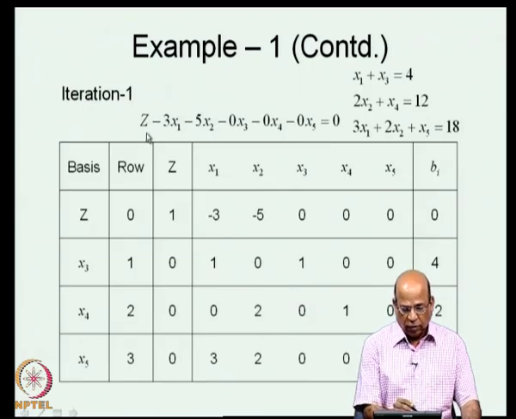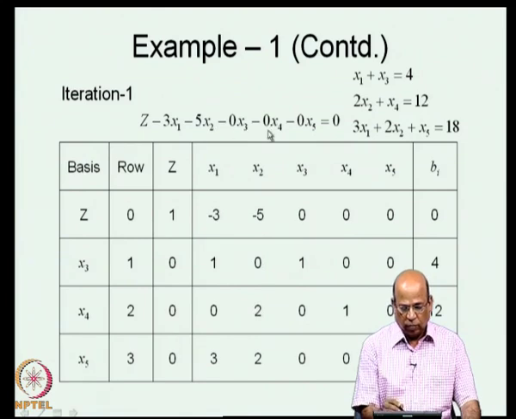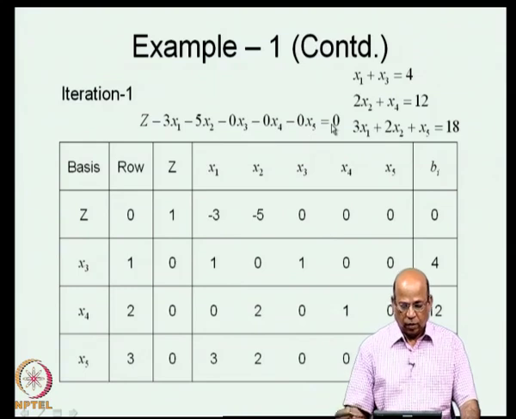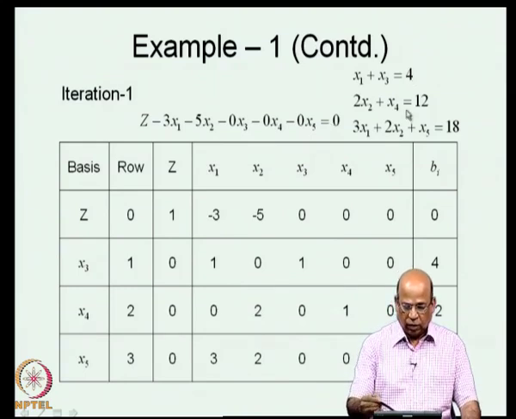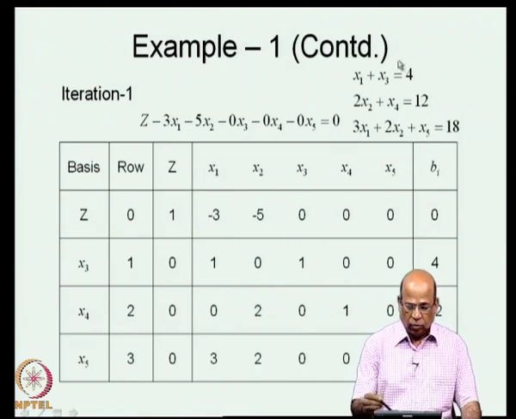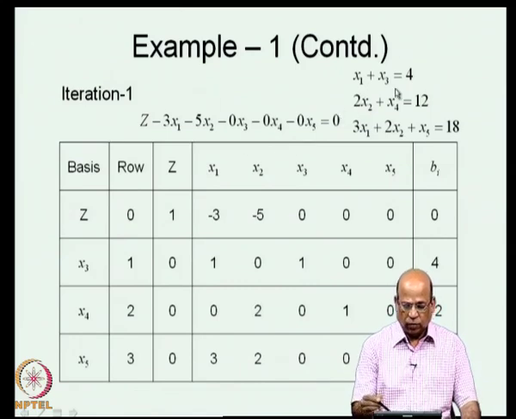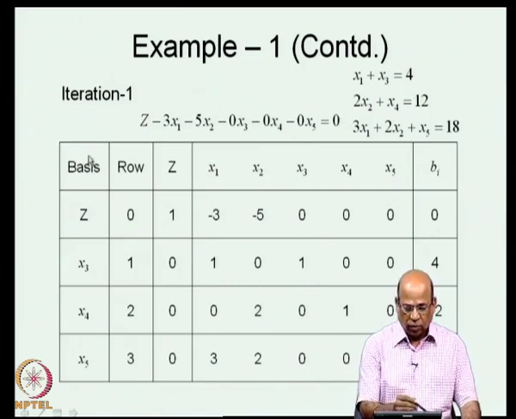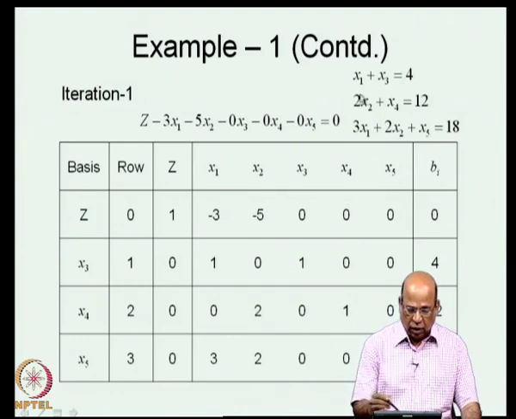And you have these constraints: x 1 plus x 3 equal to 4, 2 x 2 plus x 4 equal to 12, 3 x 1 plus 2 x 2 plus x 5 is equal to 18. So, these set of 4 equations, the original 3 and the equation corresponding to the objective function, we write in a tabular form.